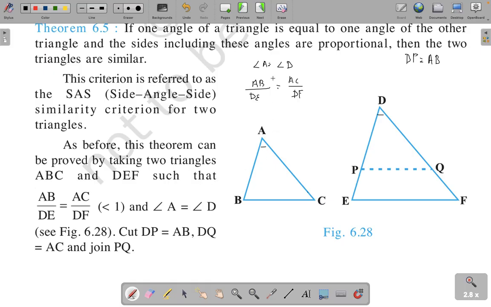So I was saying that we are given angle A is equal to angle D, right? And then we are given the sides that include the angle are proportional. So AB upon DE is equal to AC upon DF. This is also given, right?